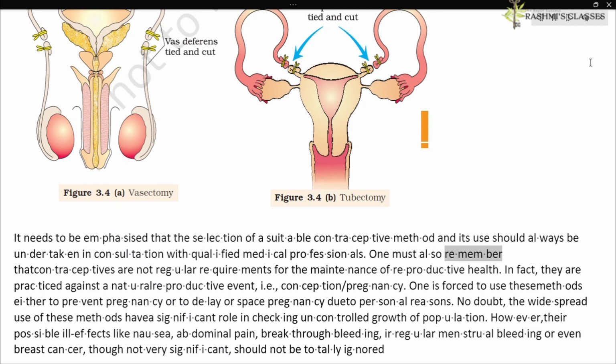One must also remember that contraceptives are not regular requirements for the maintenance of reproductive health. In fact, they are practiced against a natural reproductive event, i.e., conception/pregnancy. One is forced to use these methods either to prevent pregnancy or to delay or space pregnancy due to personal reasons.